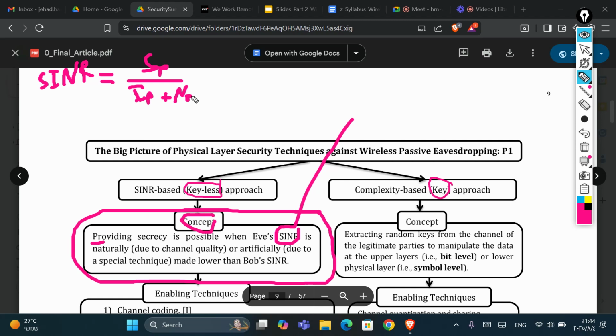Now we know that signal power is affected by the power amplifier and how much current you drive into the circuit of your transmitter and the gain of the antenna and so on. This improves the power of the signal.